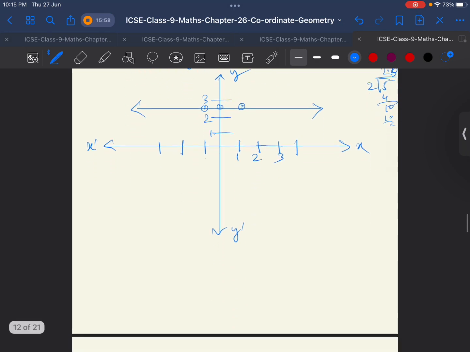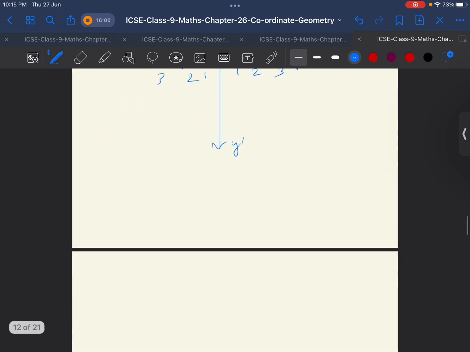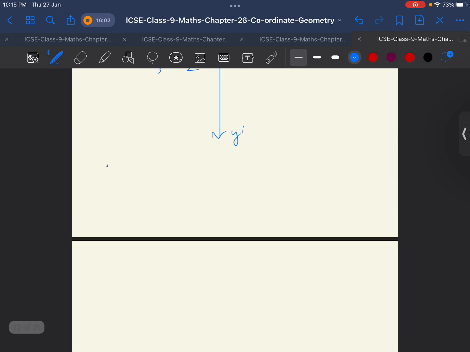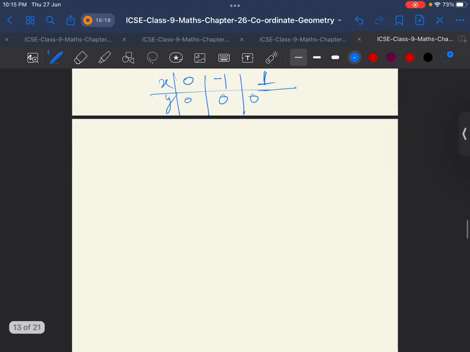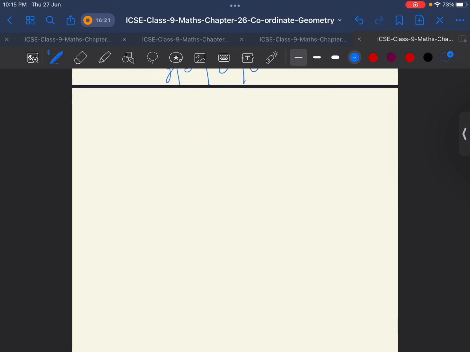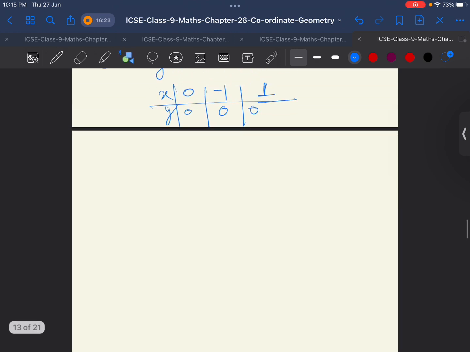Okay, now question number 10, y equals 0. For y equal to 0, we can take the value of x as 0, minus 1, and 1. x is any real number, so the graph is here.